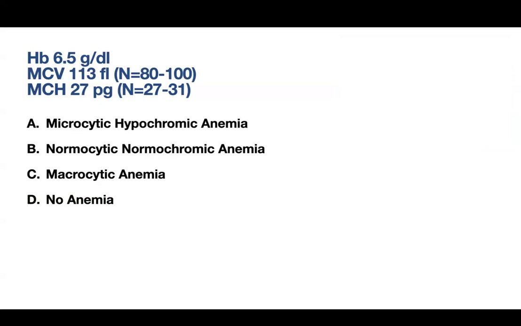So my follow-up question is, what could be the cause of his anemia? Absolutely correct. Whenever you see this macrocytic anemia, I really want you to think of B12 and folate deficiency.